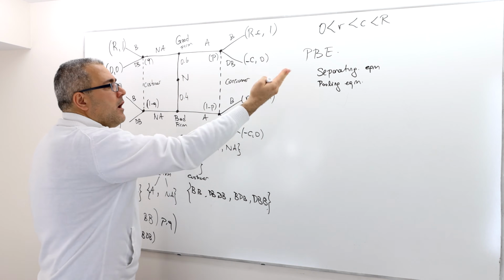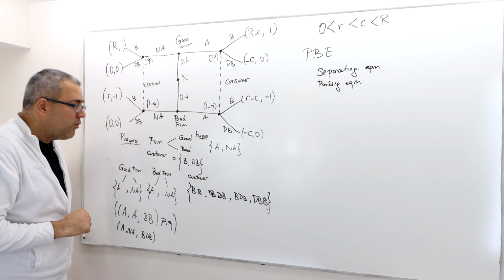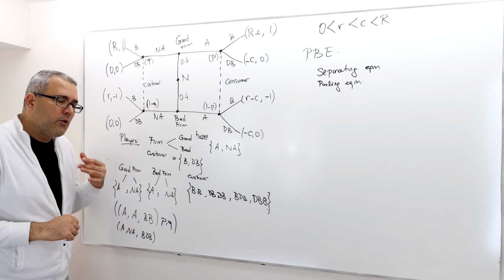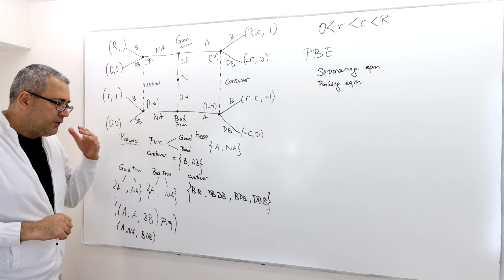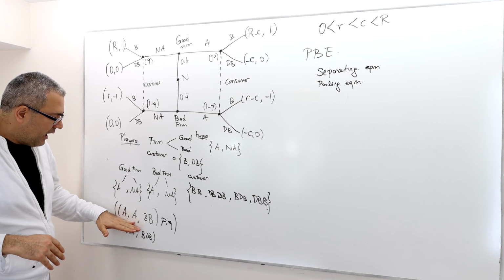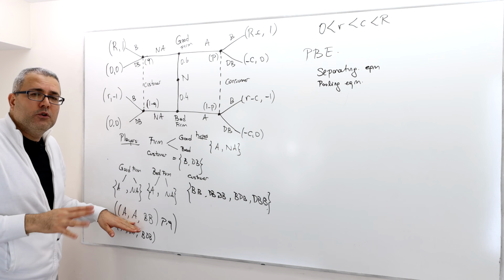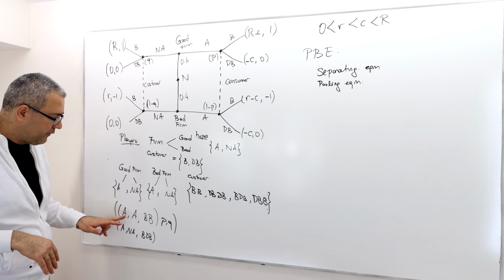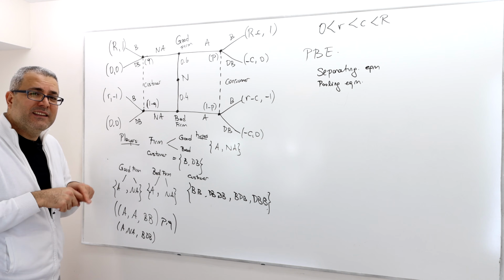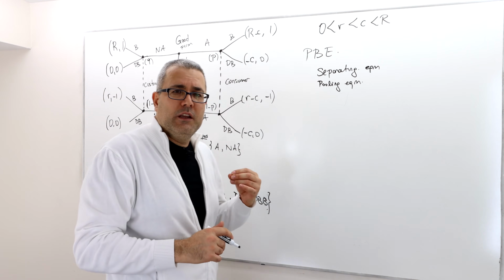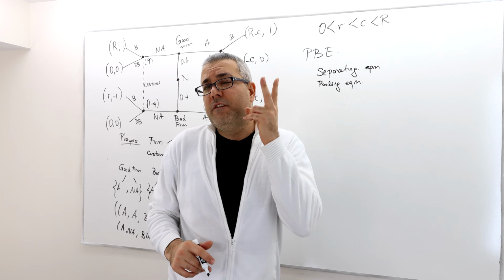Well, the separating equilibria, by definition, means two different types take different actions. So this one, I don't know yet if it is an equilibrium or not, but it cannot be a separating equilibrium because the types of the firm are actually taking the same action. If we're talking about separating equilibria, we can only have two.